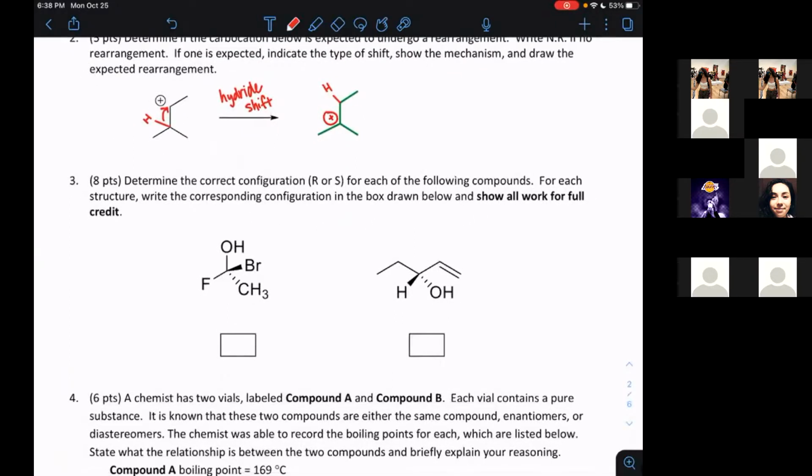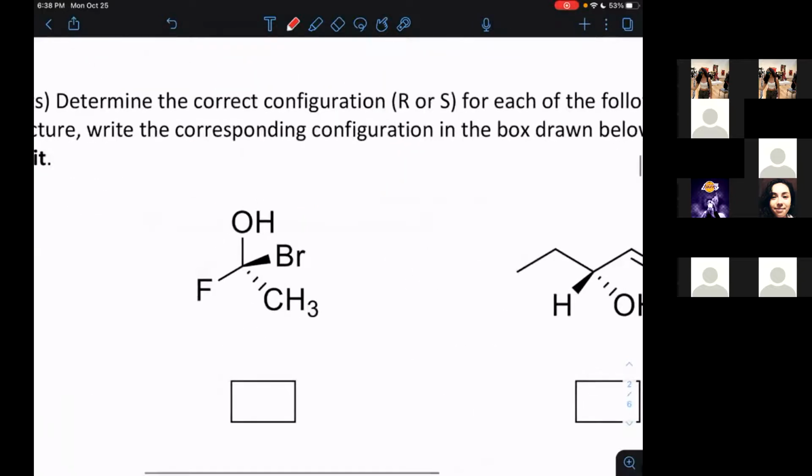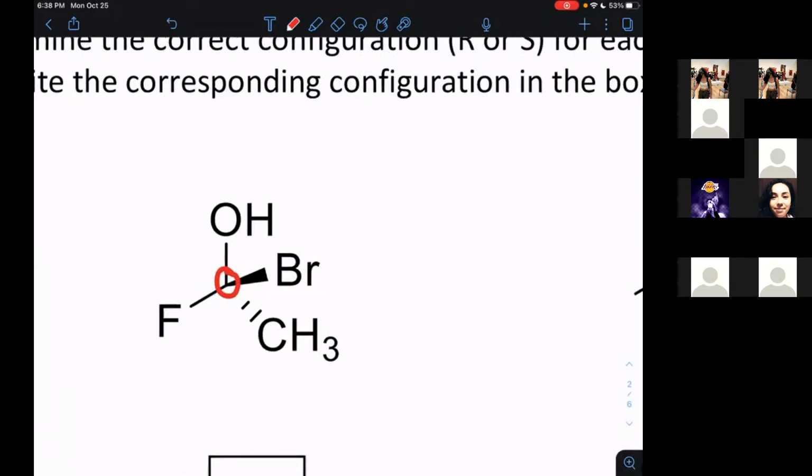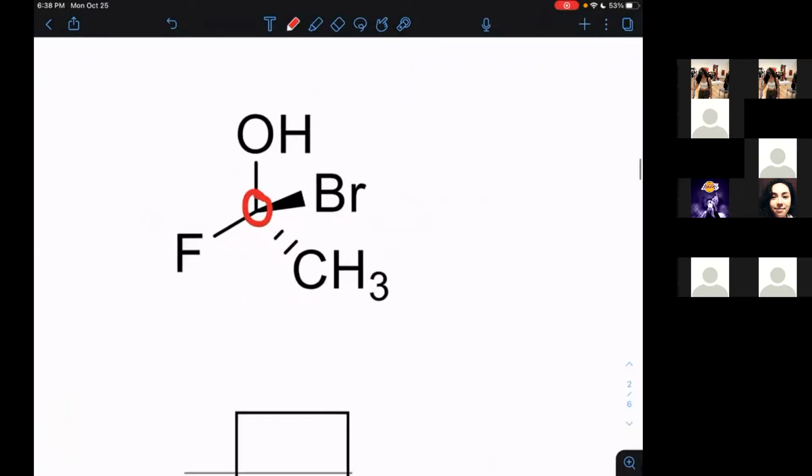Okay, so determine if these are R or S. So that's our chiral center, and it goes based off of atomic number. So the highest atomic number is bromine, which is 35. And then it would be fluorine, which is 9. And then oxygen.